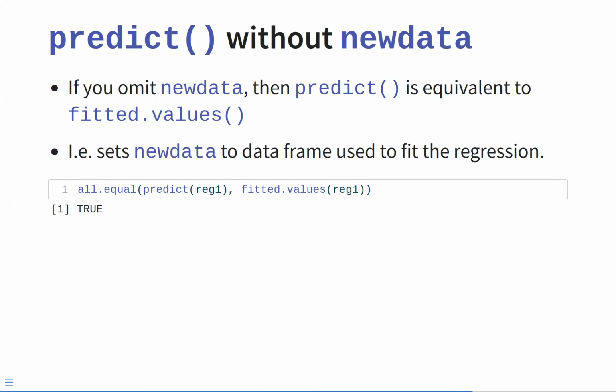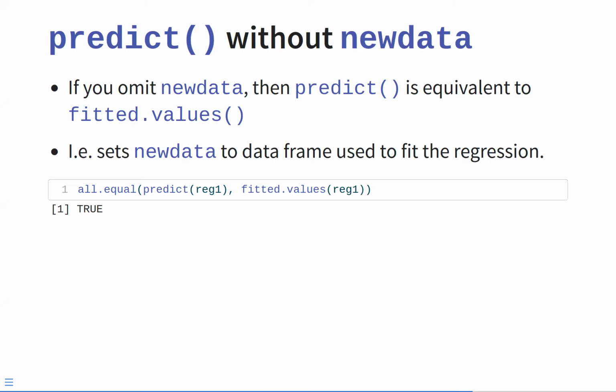If you don't specify the newdata argument to predict, you'll still get something. And what you'll get is, in fact, the fitted values from the regression. In other words, if you don't tell predict otherwise, it's going to evaluate at the same data frame that you used to fit the original regression. And on this slide, I have one line of code that just shows you that's the case.